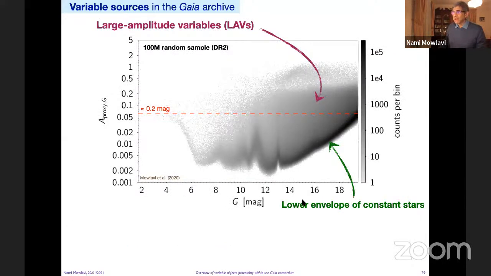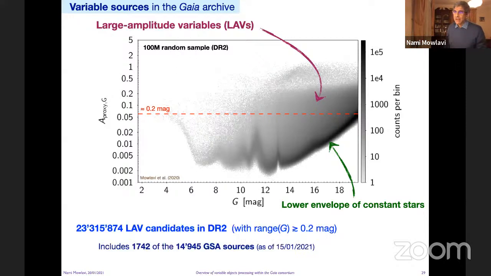As a function of the magnitude here, from 2 to 18, this is the amplitude proxy, and you see here very well the locus of constant stars, and everything which is above would be variable candidates. And these ones above this limit, which will be about 0.2 magnitude, are large amplitude variables.